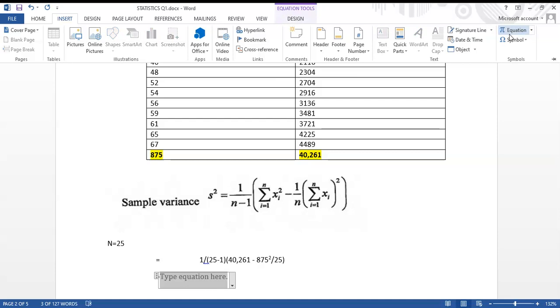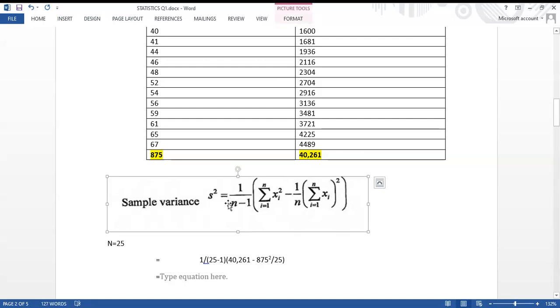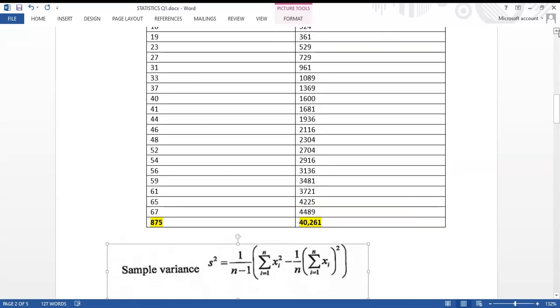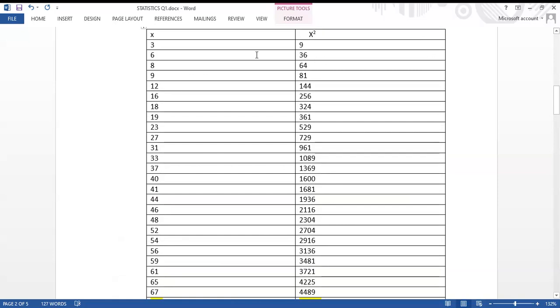Yes, Mr. Mara. I think on the formula can you repeat again? Okay. On the formula, this small letter n represents the number of numbers in the data set, or the number of data values in the data set. If you see in our data set, this is our whole data set here. We have 25 numbers.